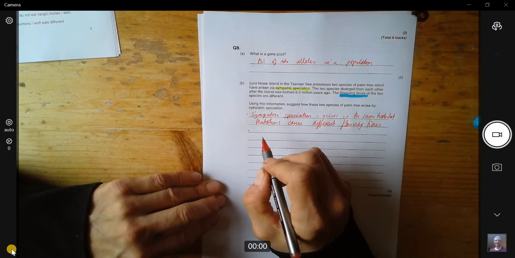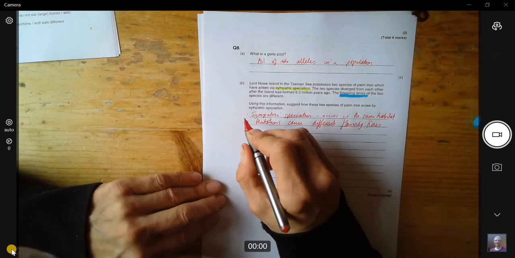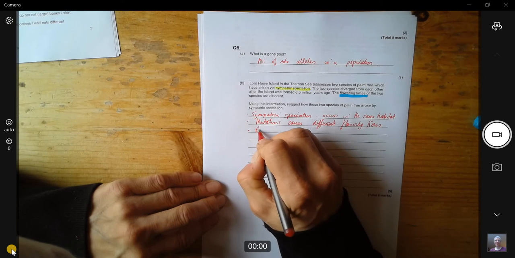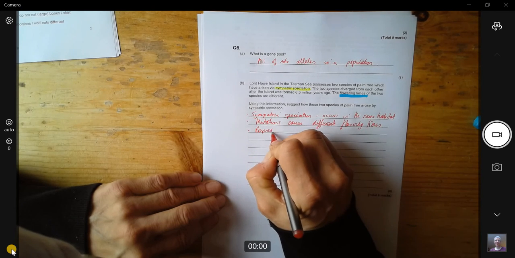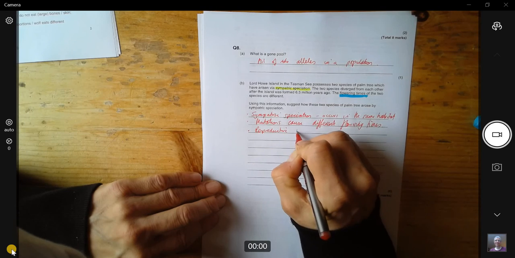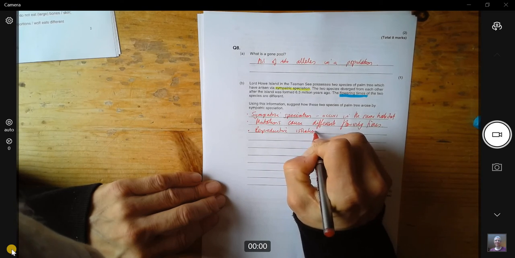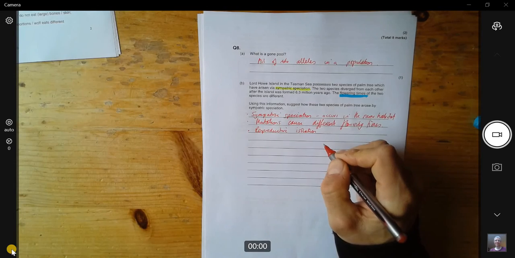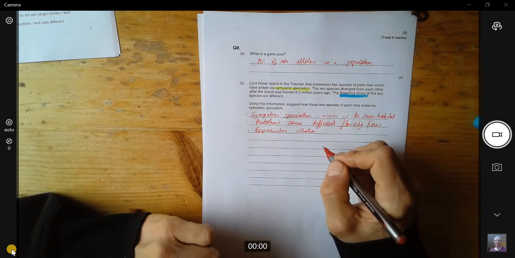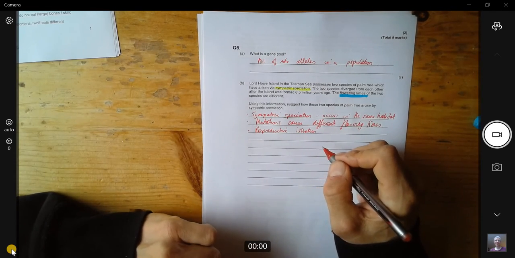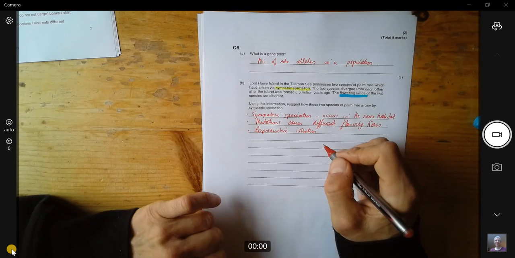And then we just need to again put one of our key points in that we're always going to put in. So reproductive isolation, or no flow of genes between these 2 parts of the population.